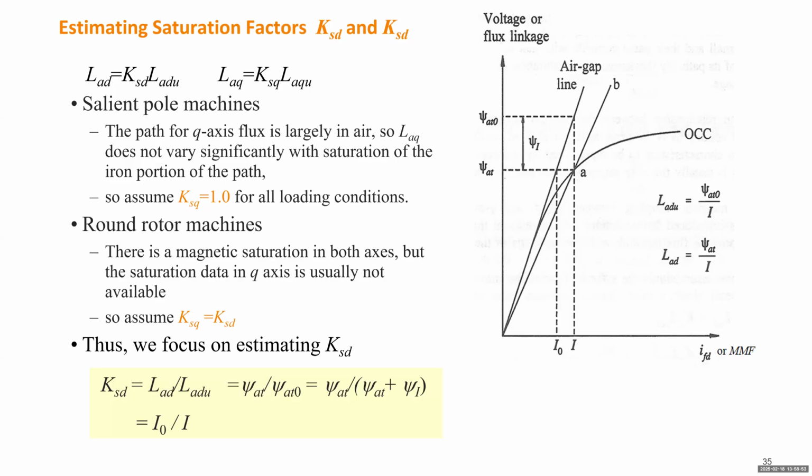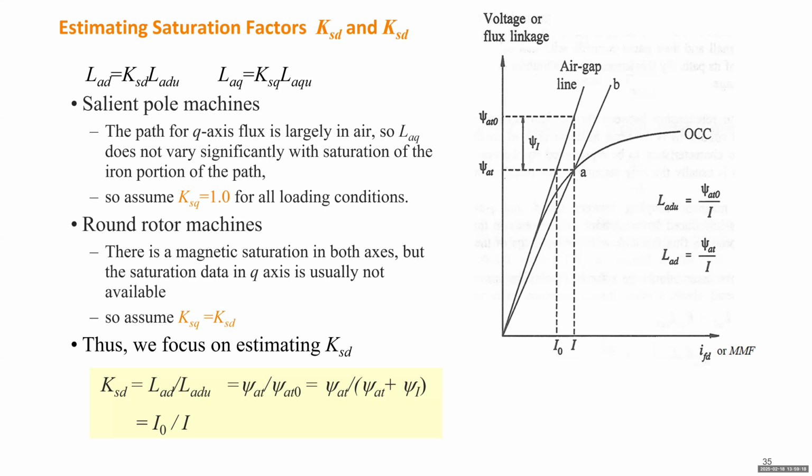Psi AT0 is equal to the actual flux linkage plus this gap, and the gap is defined to be psi I. If you know those two currents, the factor will be I0 divided by I. What is I0?